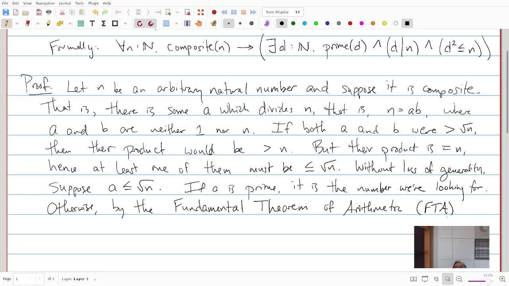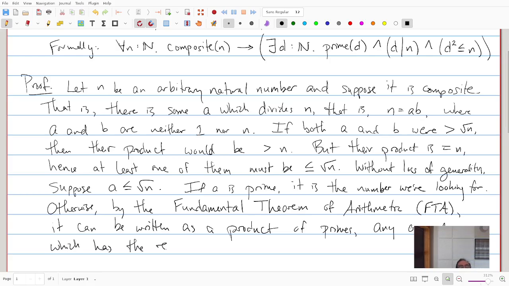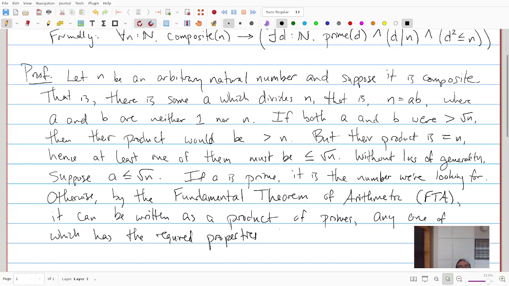If you ever see a math teacher talk about FTA, that's a different thing. A can be written as a product of primes, any one of which has the required properties, since divisibility and less than or equal to are transitive.